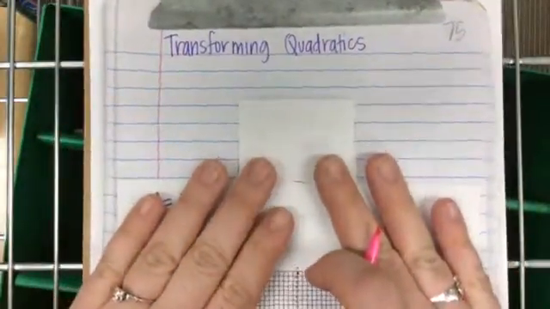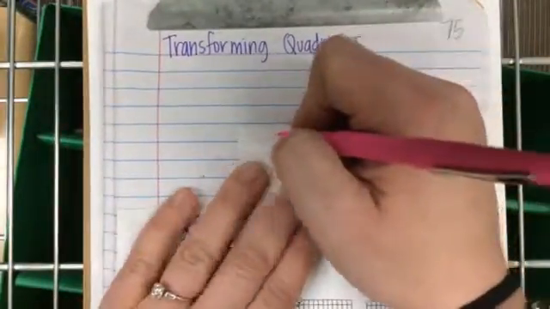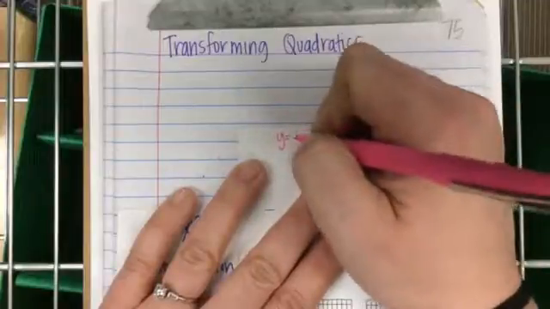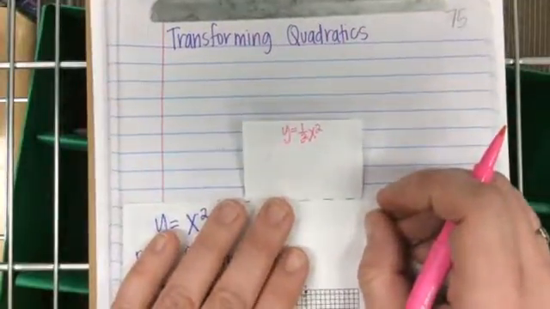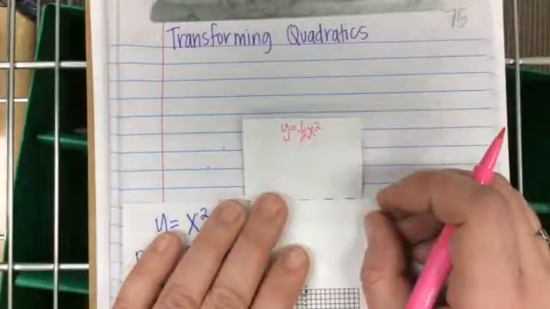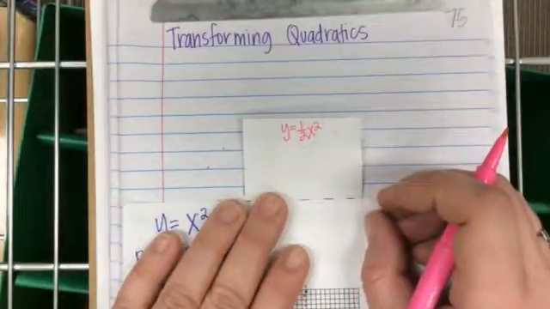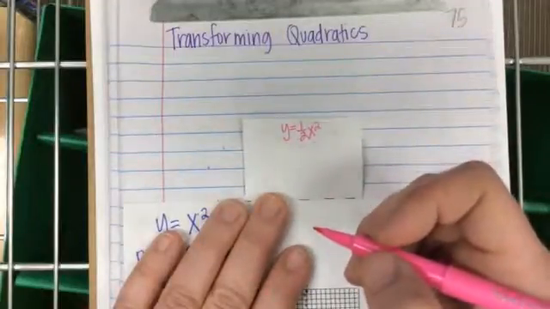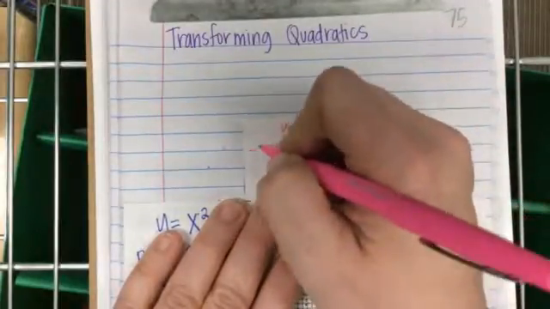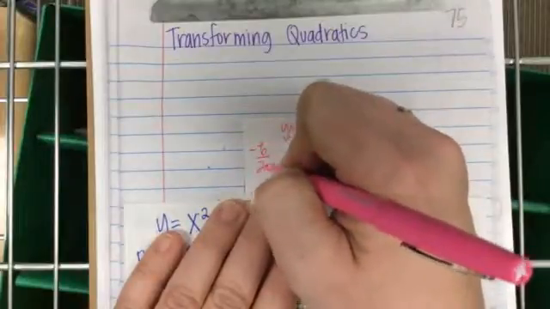Here we go. Let's graph this one. I'm going to rewrite the problem right here just so that I don't have to keep flipping back and forth. Save myself a little bit of work. Axis of symmetry is the first thing that we worry about. So negative b over 2a again.